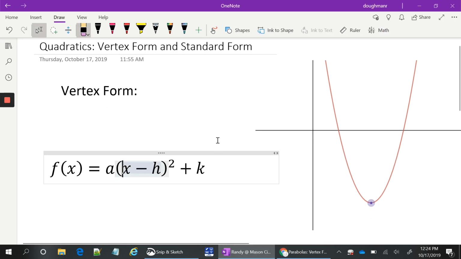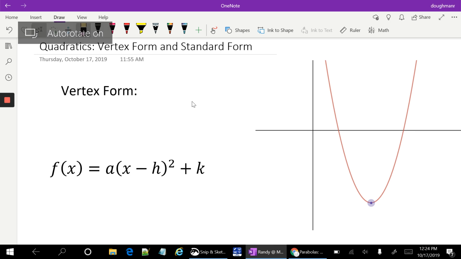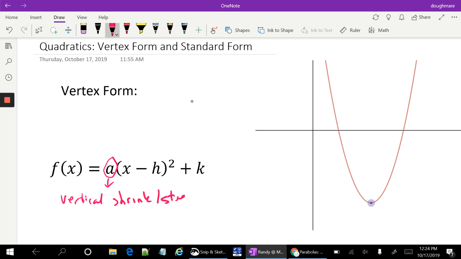All right, going back to this vertex form, now what do we know? We know that a causes a vertical shrink or stretch. And more importantly, if a is greater than 0, then we have a parabola that opens up. And if a is less than 0, we have a parabola that opens down.